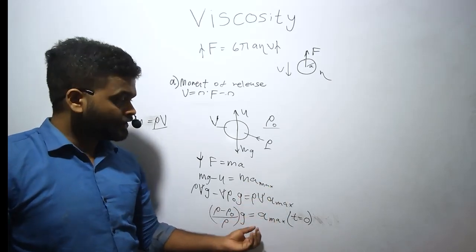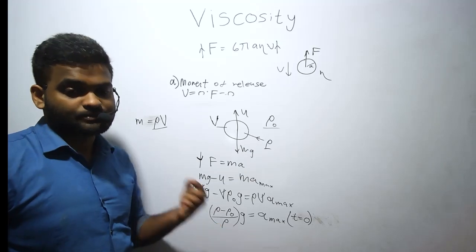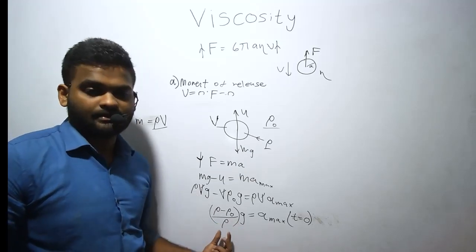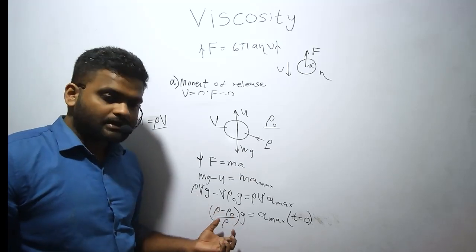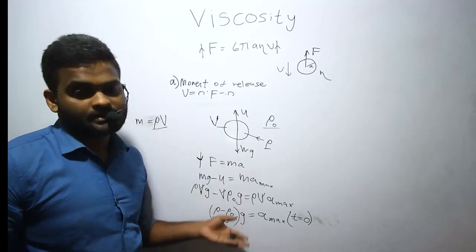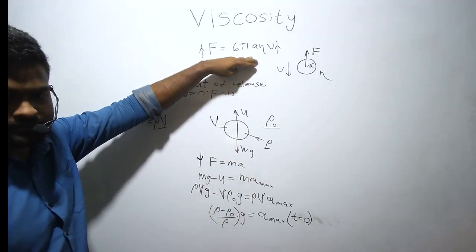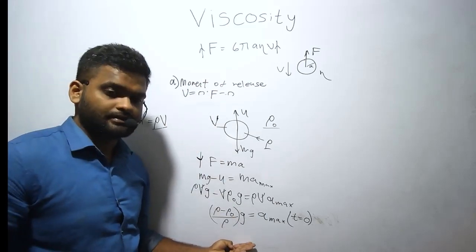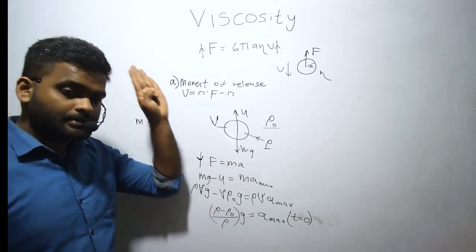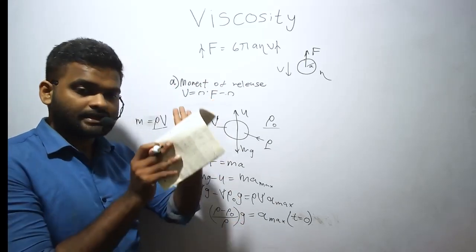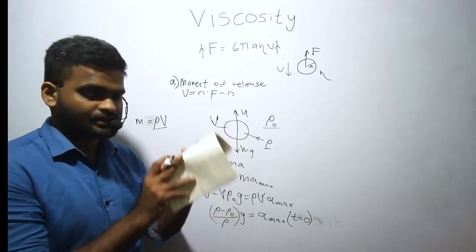We'll see that. First, this is the expression for maximum acceleration. You don't have to remember the derivation. If you get a question from this, you just have to derive it quickly. You only have to remember this equation, and that it is only for the start, the initial case.